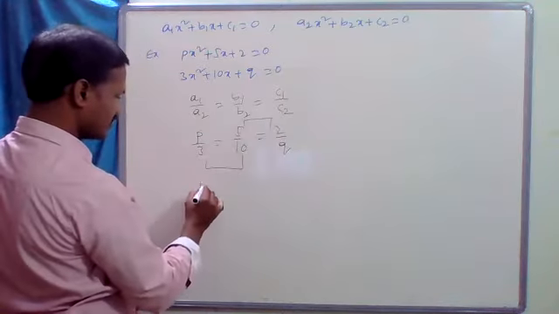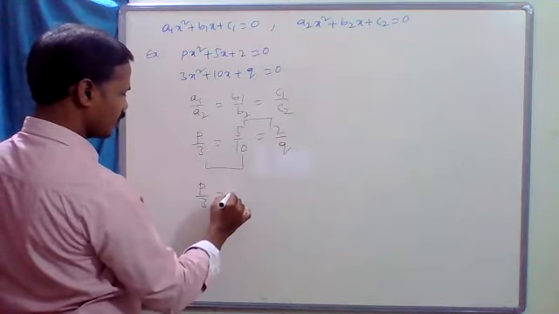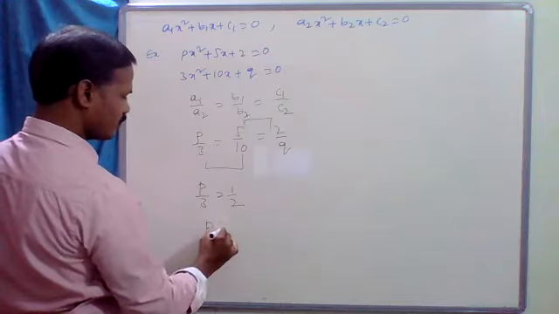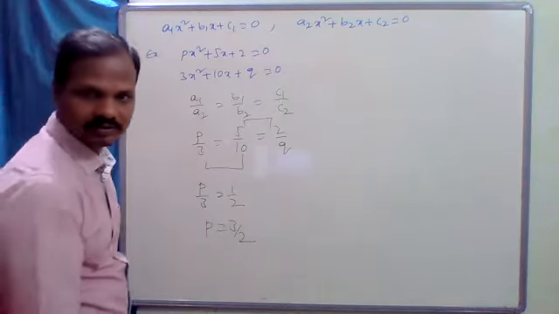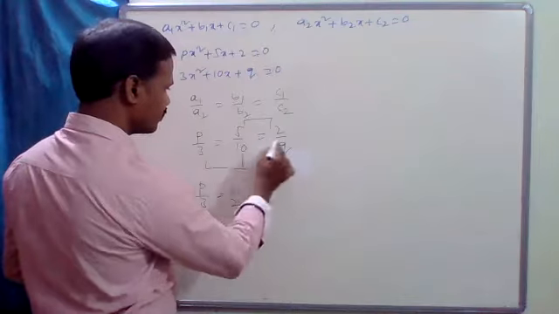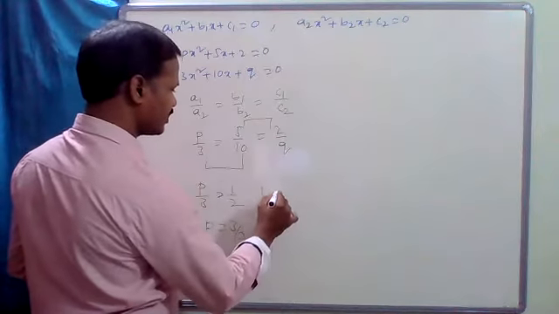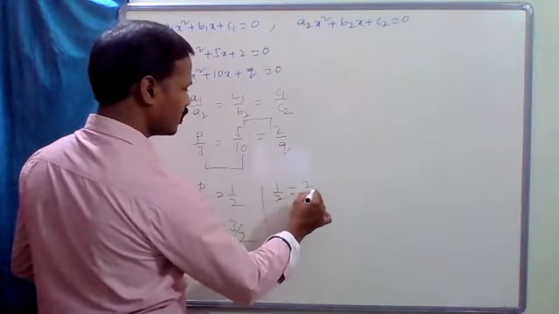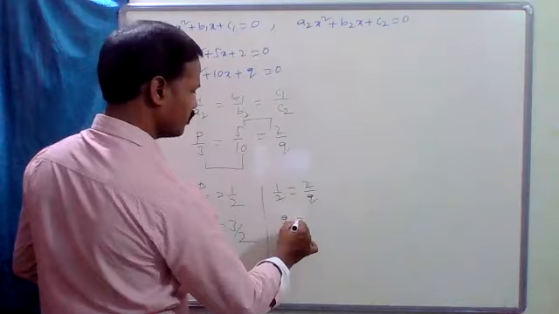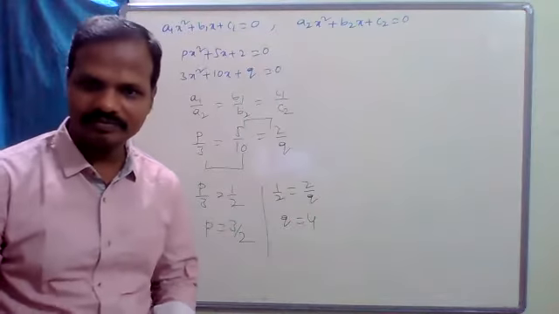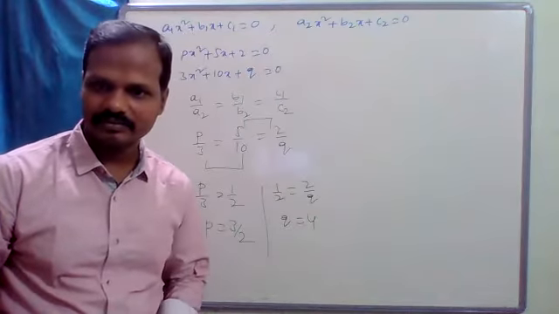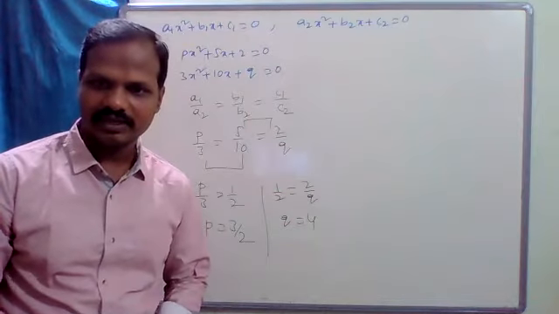So from this, p by 3 equal to 1 by 2, so p equal to 3 by 2. From the second relation, 1 by 2 equal to 2 by q, so q equal to 4. Yeah, good.